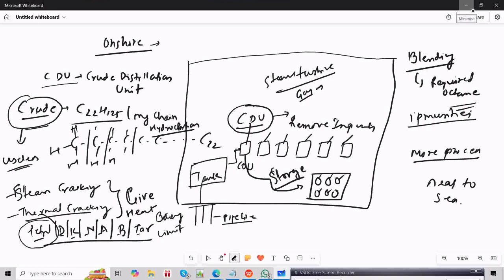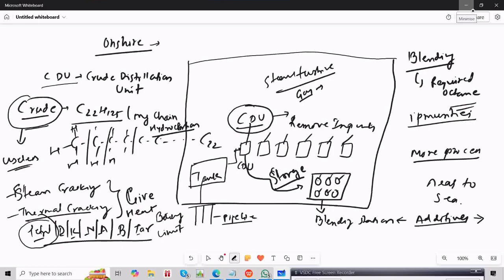So what they do is send this petrol to the storage tank, and from this storage tank it goes to a blending station. In the blending station they add additives into the petrol to achieve the required octane number.